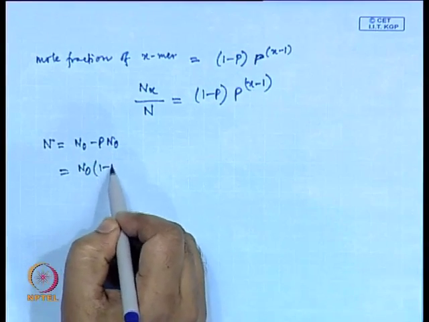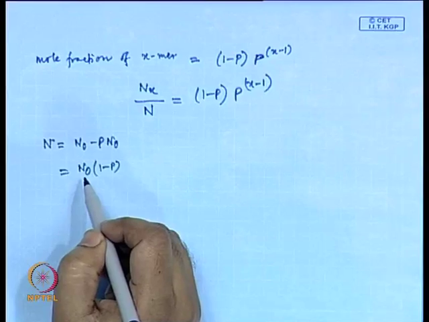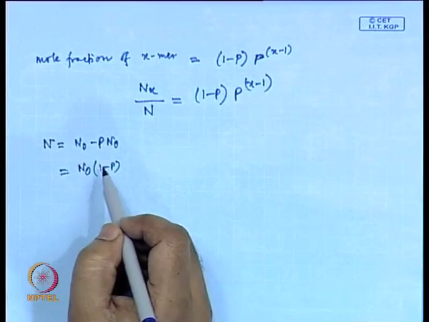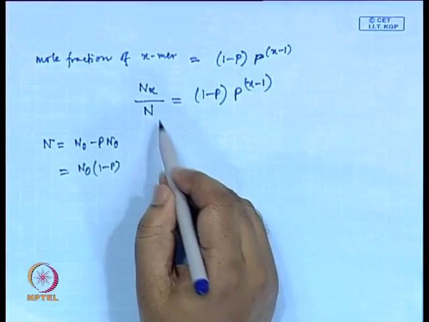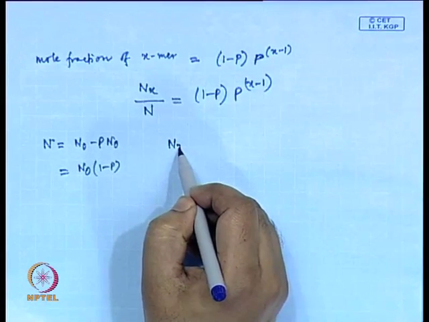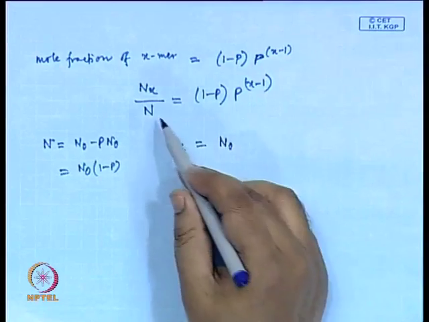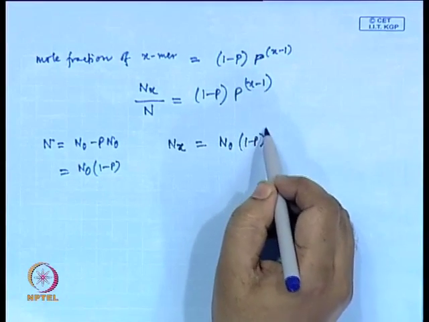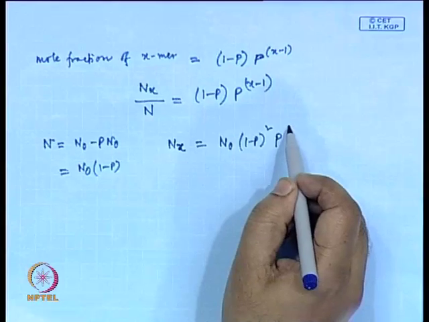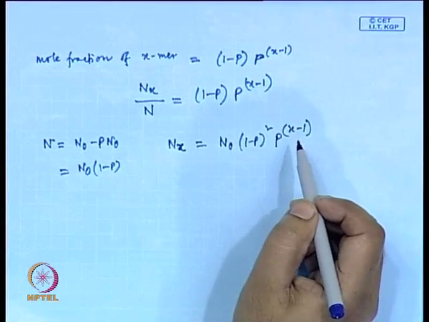So, N0 into 1 minus p, where N0 is the number of monomers at the beginning. So, Nx will be given by N0 into 1 minus p whole square, p to the power x minus 1.